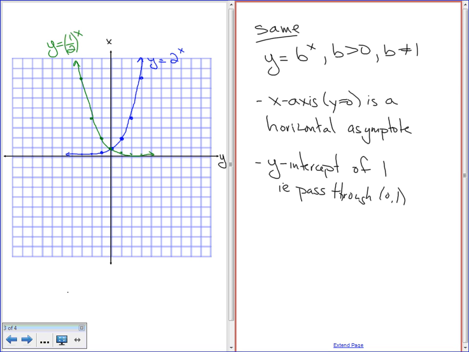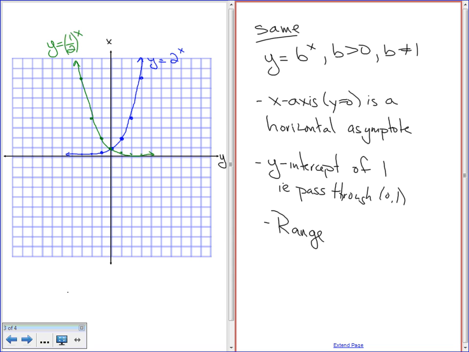What else do they have the same? Perfect. So when you say they're both always positive, what are you talking about? The domain or the range? The range. So they have the same range. And they're both always positive.